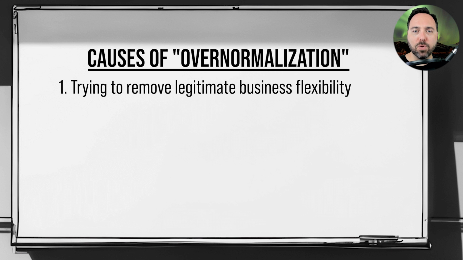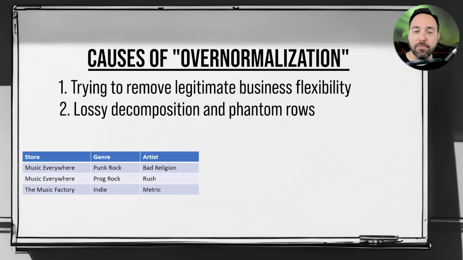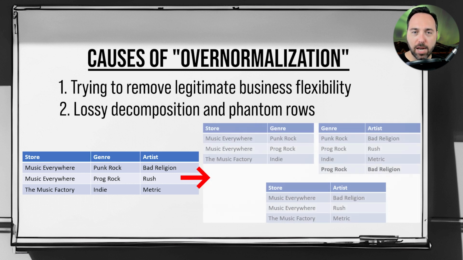The other thing we tend to see when people decry overnormalization is lossy decomposition and phantom rows. Let's go back to our fifth normal form example. Here we have the combination of store, genre, and artist. Remember that we spent a lot of time talking about symmetric constraints, and that the only way we can break this into 3 relvars is if there is a symmetric constraint.